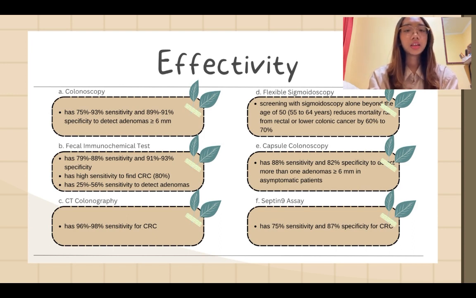The fifth is capsule colonoscopy. It has 88% sensitivity and 82% specificity to detect one or more adenomas greater than or equal to 6 mm in asymptomatic patients. The last is the SEPT9 assay. It has 75% sensitivity and 87% specificity for CRC.